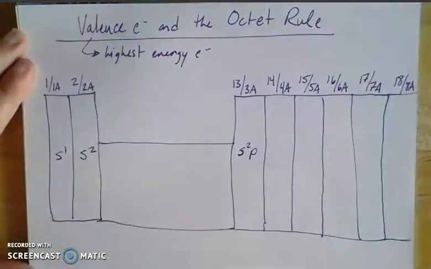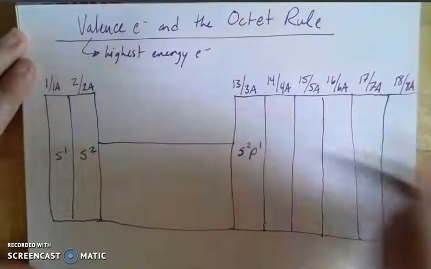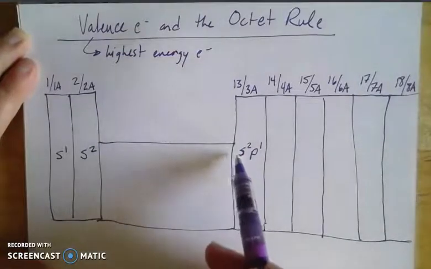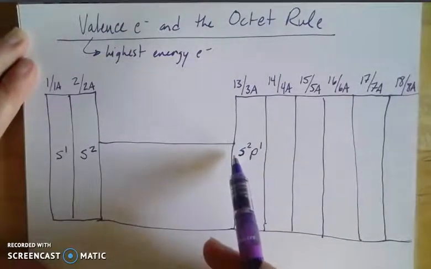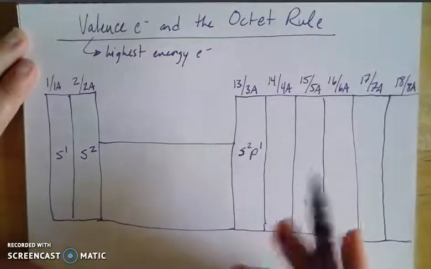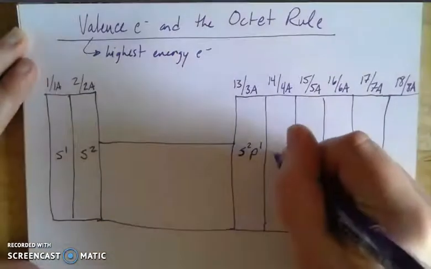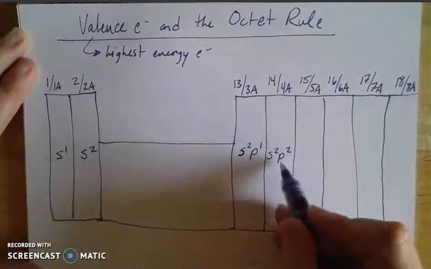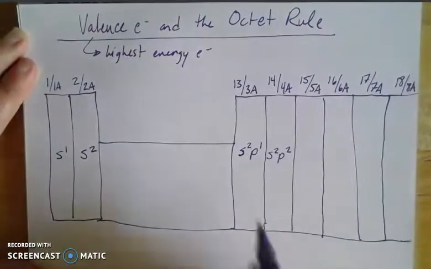And then now we're in the p block, and we're in the first column in the p block, so there's one electron. And again, this would be at whatever n value here. So if this was in the fourth period, this would be 4s2, 4p1, for example. If we hop over here, we still have a full s, and we have 2 in our second column for the p block.